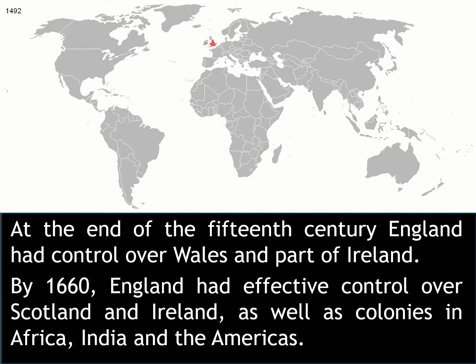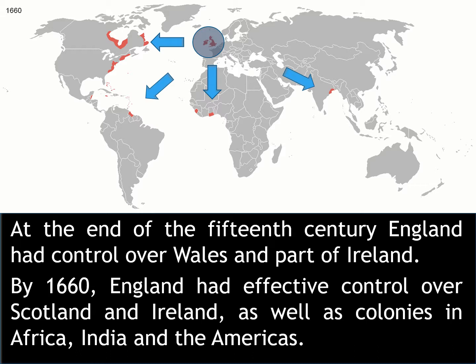But by 1660, things had changed quite a bit. This little country now had colonies. 150 years later, it had colonies in Africa, India, and the Americas, and it also basically had control of the entire islands. So the areas that were grey before are now red.